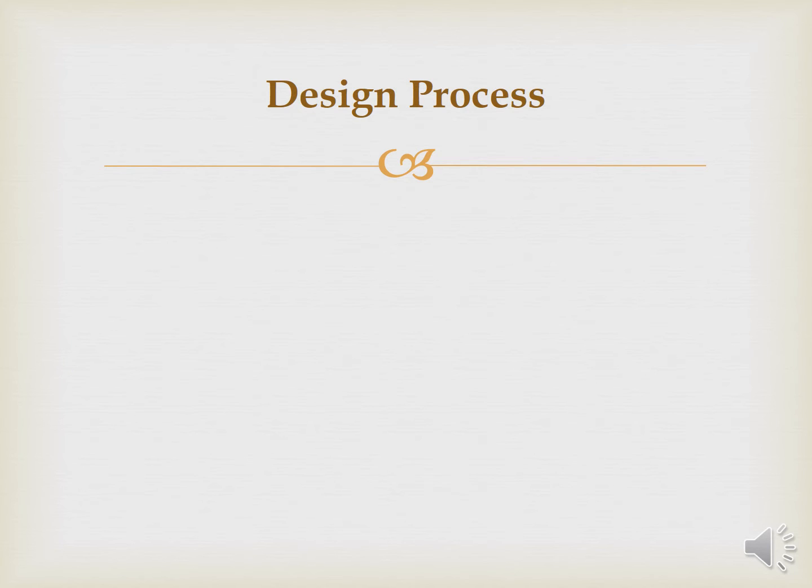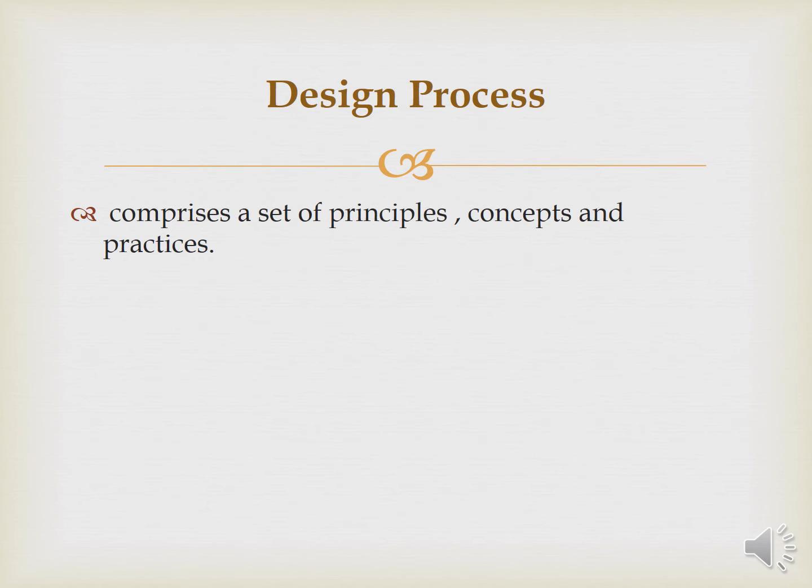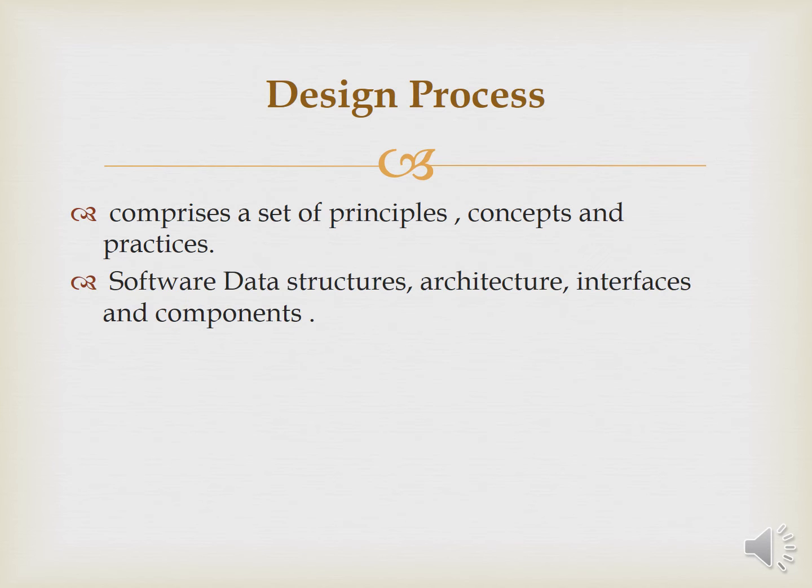Now, the next topic is the design process. The design process comprises a set of principles, concepts, and practices which allow a software engineer to model the system or product that is to be built.